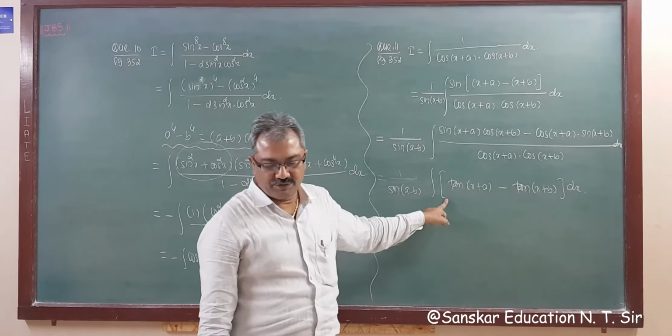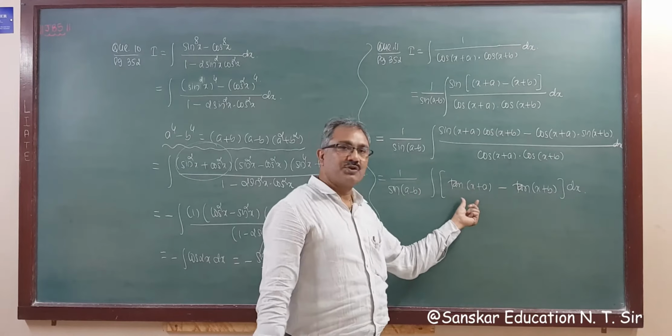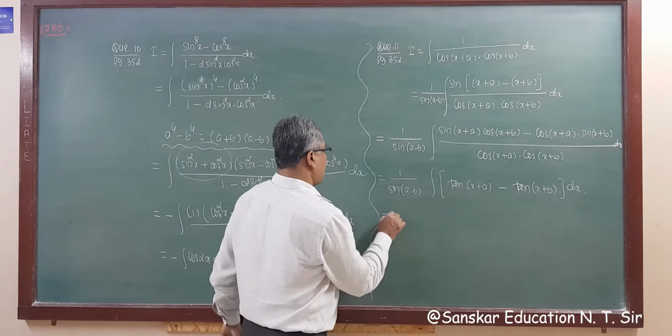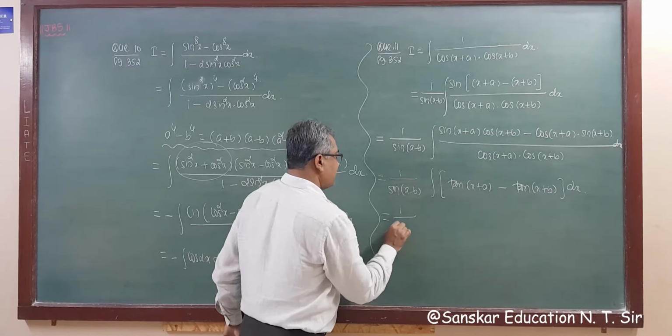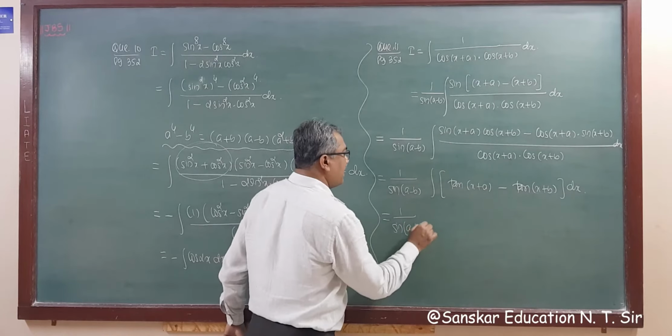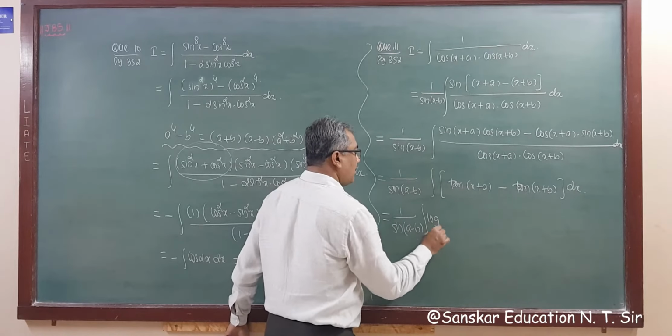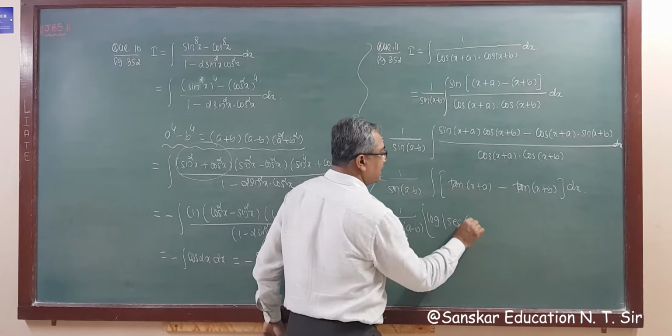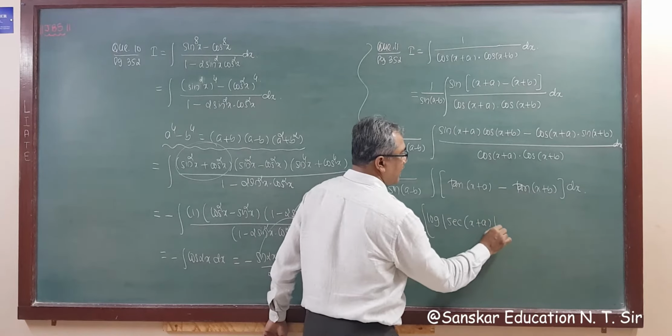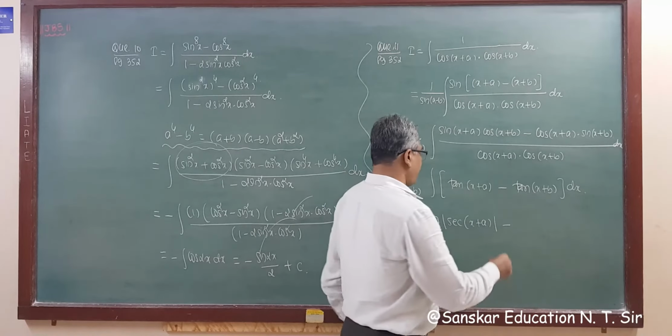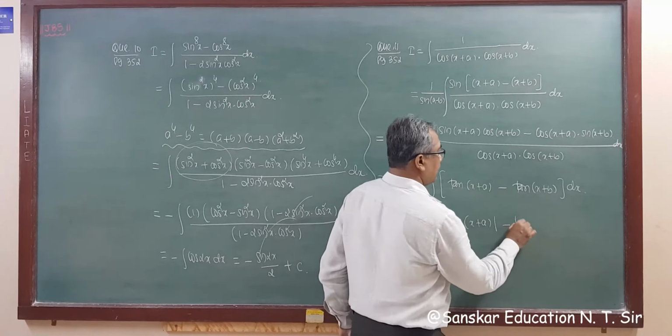Now integration of tan x is log mod sec x, right? So the answer will be 1 upon sine a minus b, log mod sec x, that is sec x plus a, minus the same thing, log mod sec x plus b.